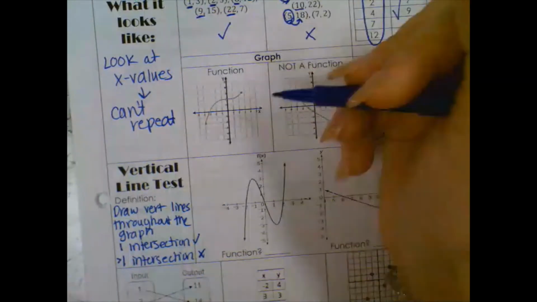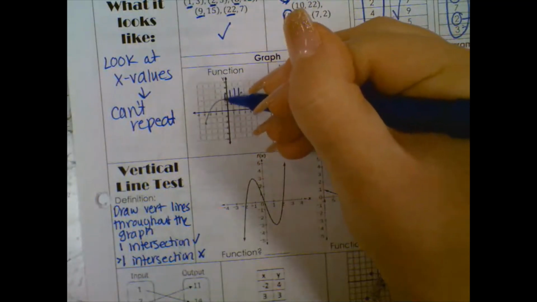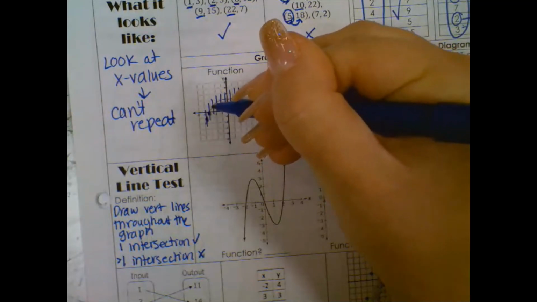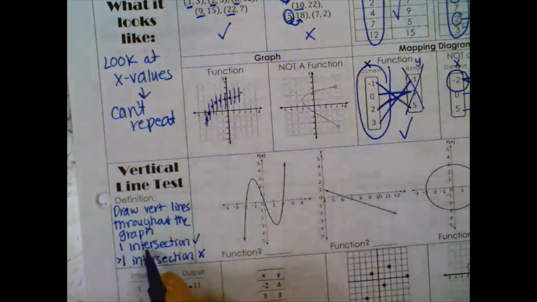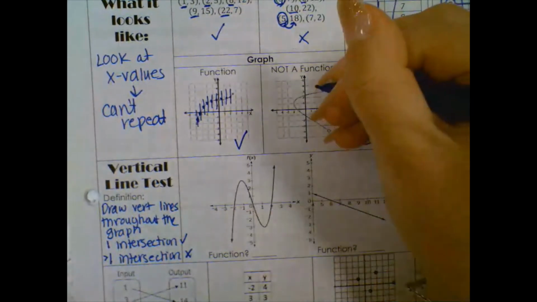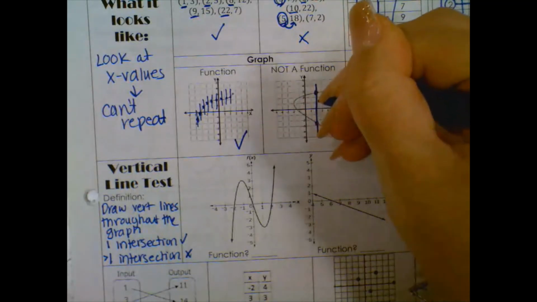Okay, so I'm going to go back up to these examples here. So if I look along this graph, if I were to draw a bunch of vertical lines, you would see each vertical line intersects only once on this graph. So one intersection for each line means it is a function. Now, if I look here, my very first vertical line, how many intersections does it have?